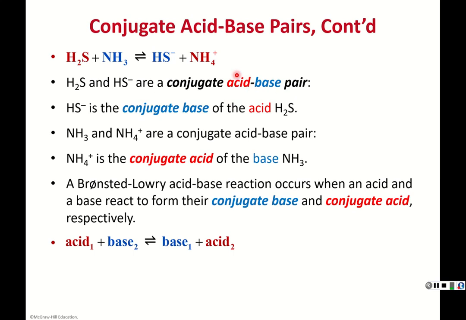We call this a conjugate acid-base pair. Likewise, NH3 and NH4+ are also a conjugate acid-base pair. So a Bronsted-Lowry acid-base reaction occurs when an acid and a base react to form their conjugate base and conjugate acid respectively. Generically, your acid 1 turns into your conjugate base 1, base 2 turns into the conjugate acid 2.